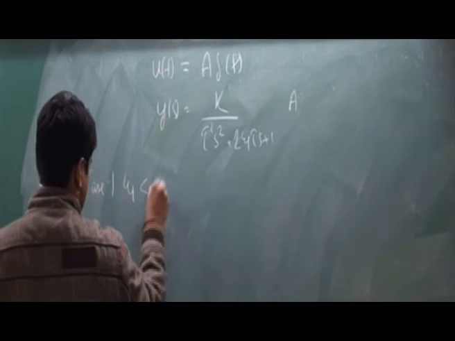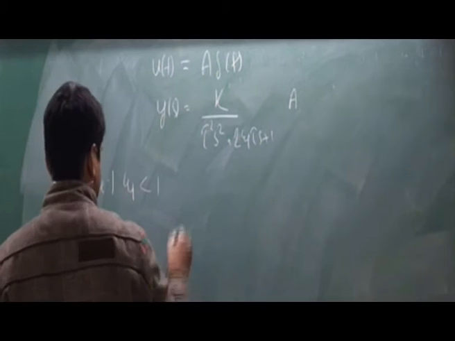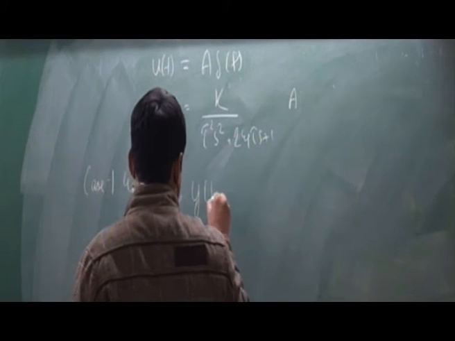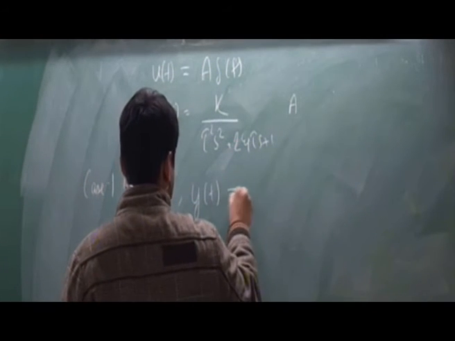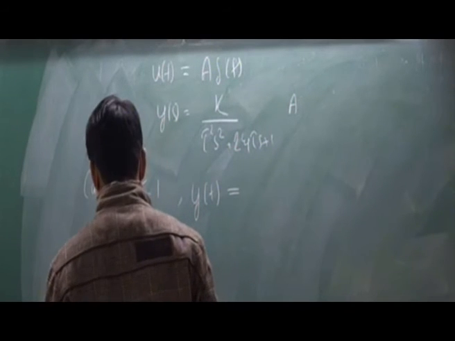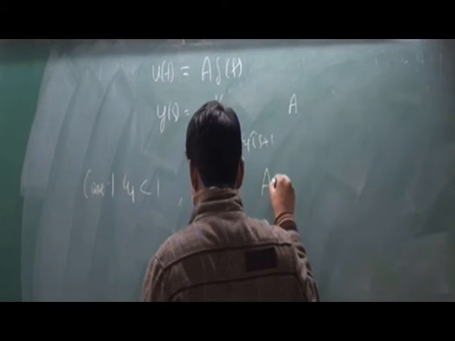where we have xi less than 1. You would have y(t). I'm writing directly the expression, but you can compute it by yourself.